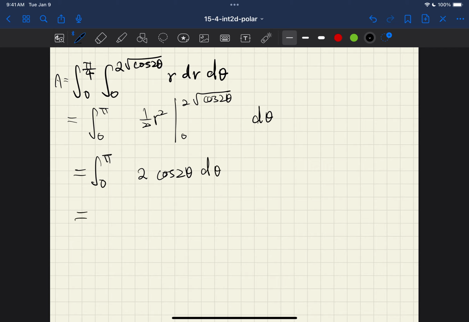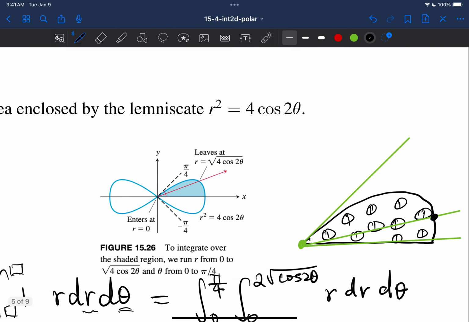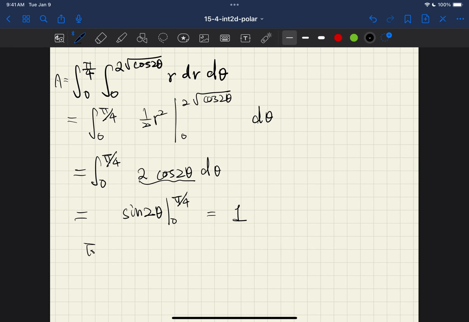And then the antiderivative of this is sine 2 theta, from 0 to, sorry, not pi, pi over 4. Then this becomes 1. This is the part in the first quadrant, so you need to multiply by 4, and the total area is 1 times 4, which is 4.